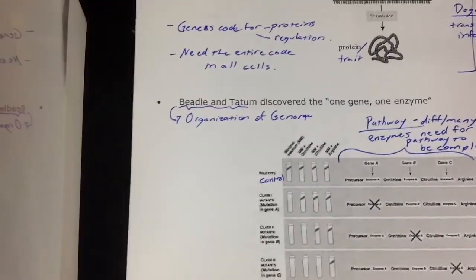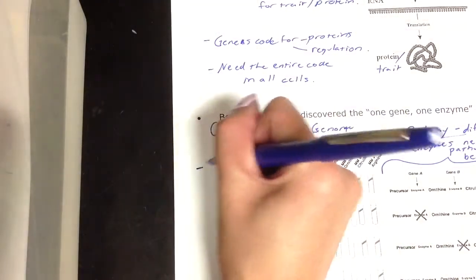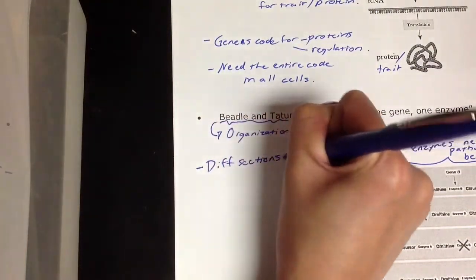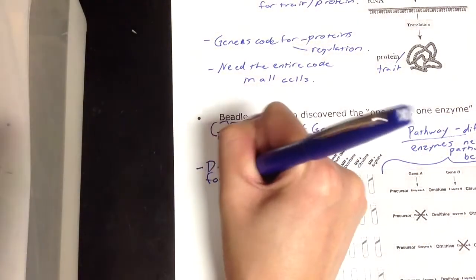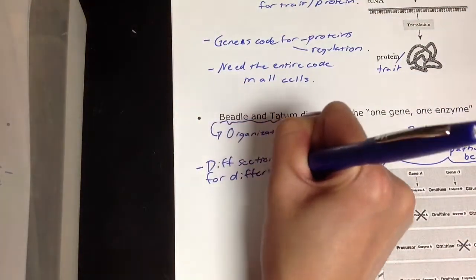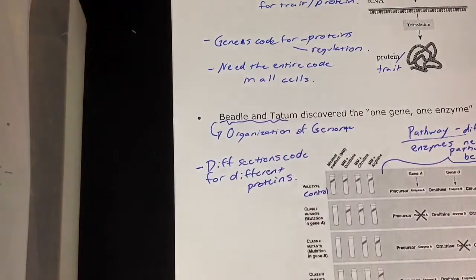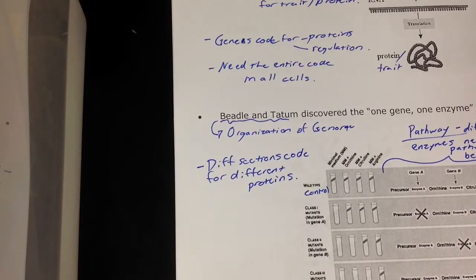So what they learned was that different sections code for different proteins, and that we didn't use all of the DNA for every single thing in the organism.